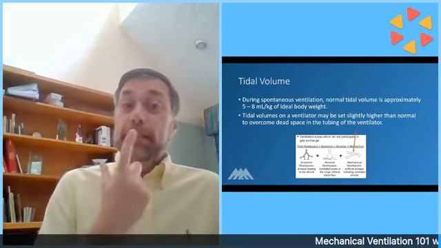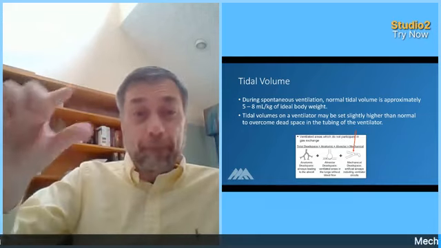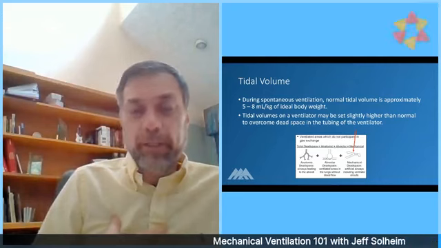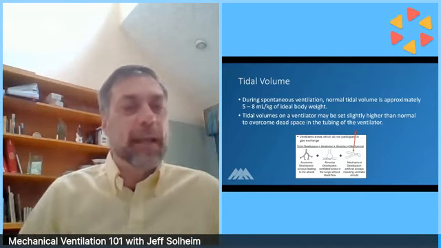Why? Well, because the ET tube and all the tubing that goes to the ventilator, the oxygen in the ET tube and the tubing never reaches the lungs. So that means that all of that volume in the tubing is not being transferred to the hemoglobin. So I have to account for that extra dead air that never gets down there.